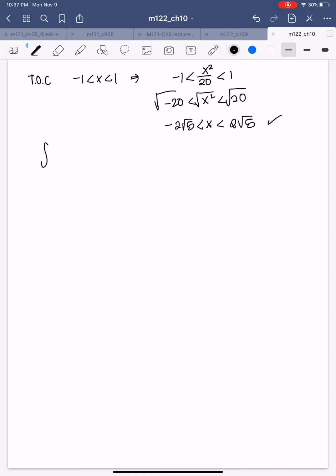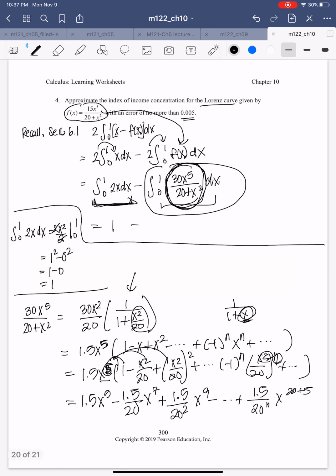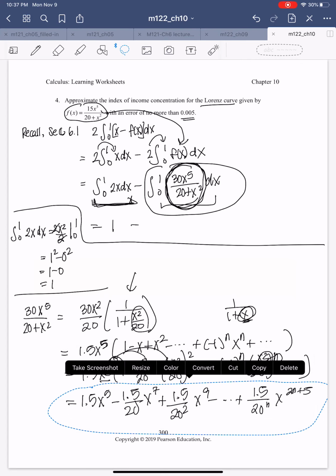Now we are ready to integrate the 1.5x to the fifth over 20x squared dx. And then I'm going to copy this whole expression and integrate it. That's what we are doing here.